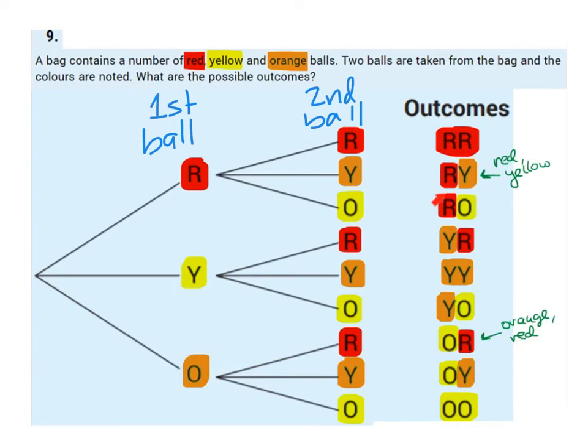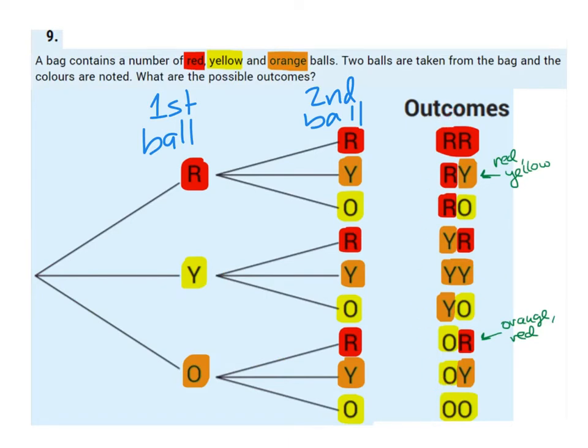So we've 3 options if the first ball is red, 3 options if the first ball is yellow, and 3 options if the first ball is orange. So altogether we have 1, 2, 3, 4, 5, 6, 7, 8, 9 outcomes. So we were asked, what are the possible outcomes? So here they are. Here's the 9 possible outcomes.